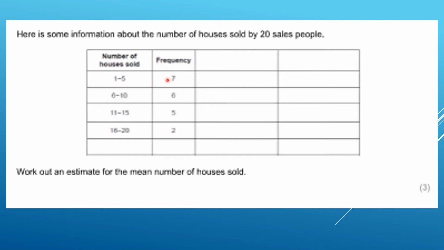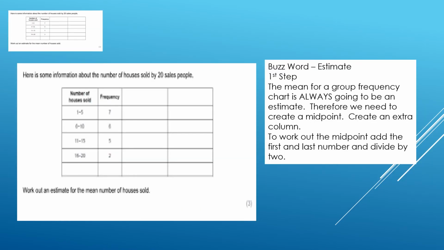It could be 2 7 times, or it could be a combination of all of them. So we can't be sure because we've grouped those numbers together. So that's why it's only ever going to be an estimate. And that makes it a good question for you to work out because they've got to put the word estimate in it.